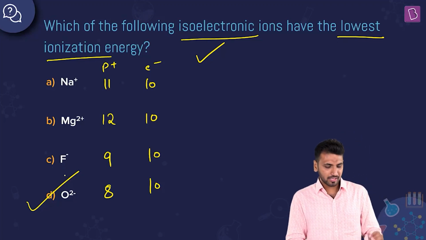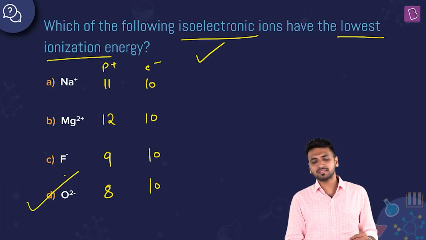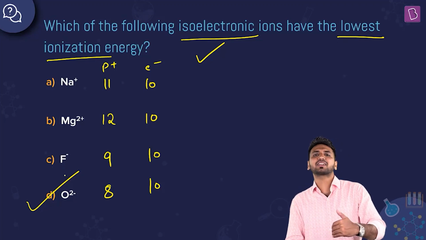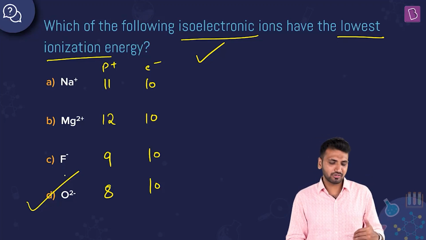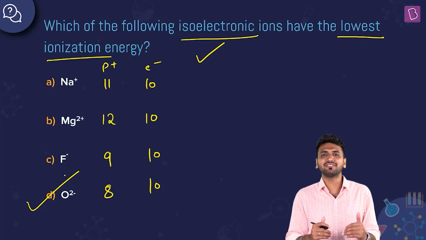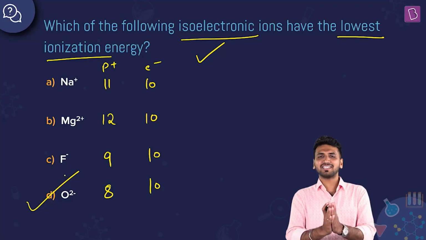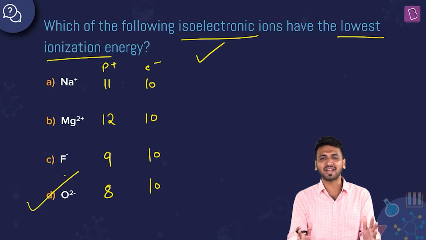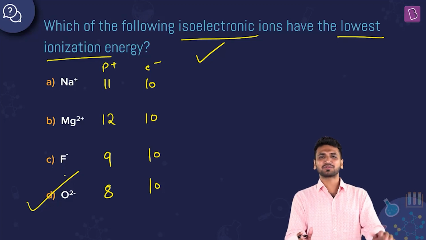So option D, oxide ion, O2 minus, 8 protons, 10 electrons. Lowest ionization energy. So D for Delhi or D for Denmark is going to be the right answer to this question. And with that, we conclude this question.